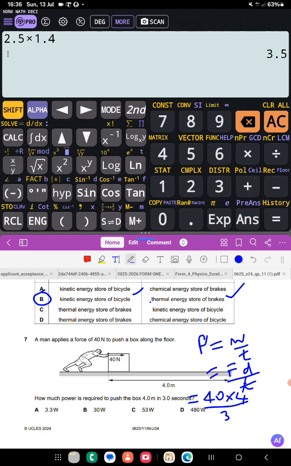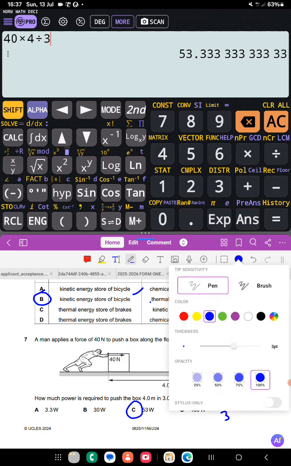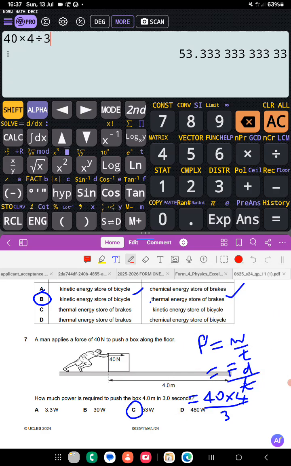Okay, so computing this, you have 40 multiplied by 4 divided by 3. The answer is coming up to 53 watts. So obviously the answer is going to be C. Just remember the formula for power: power is work done divided by time taken.